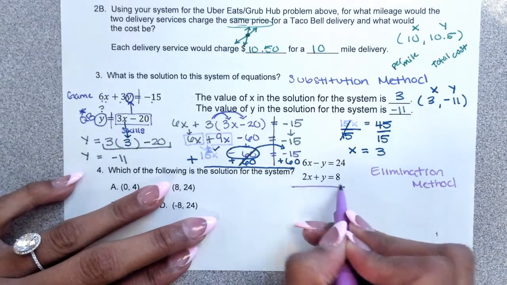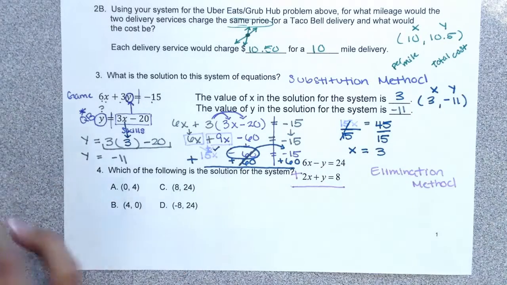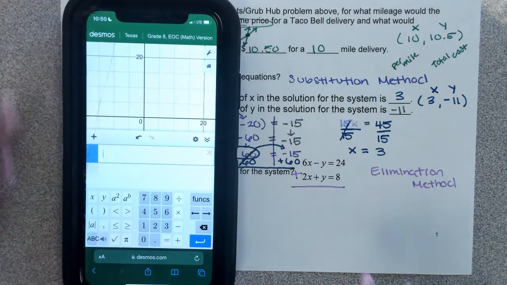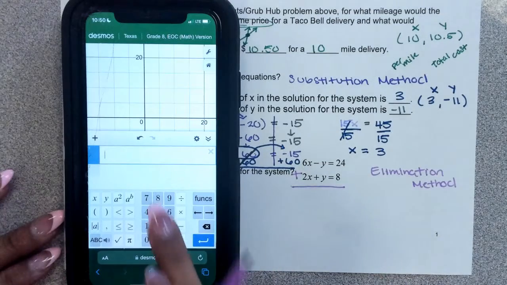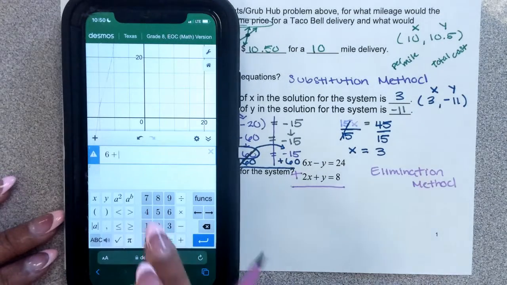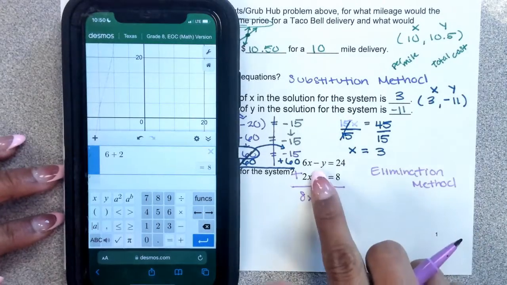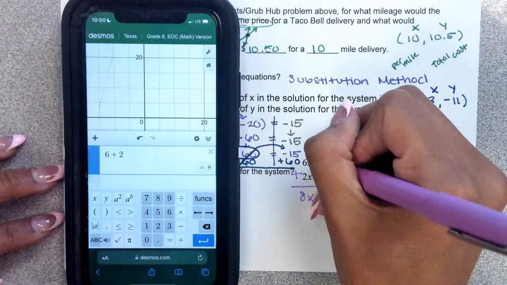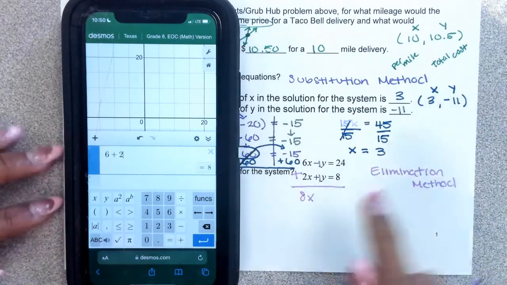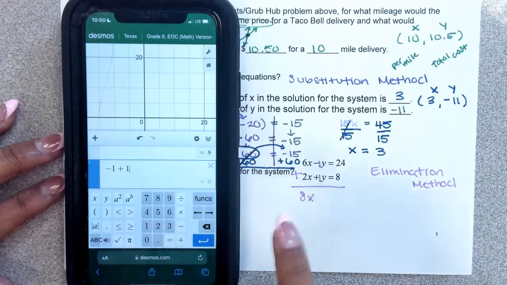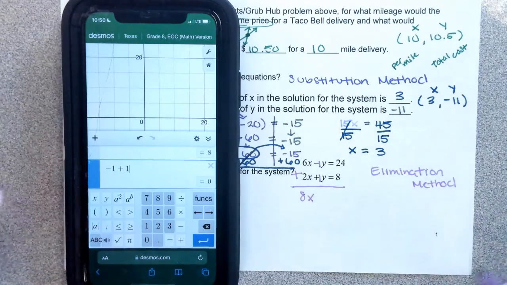So I'm going to draw myself a line and a big plus sign here, and we're going to add everything up. So here's Desmos. We're going to add 6 plus a positive 2, which gives me 8x. When it's just y by itself, that's a negative 1 and a positive 1. So we're going to add negative 1 plus positive 1, which equals 0.